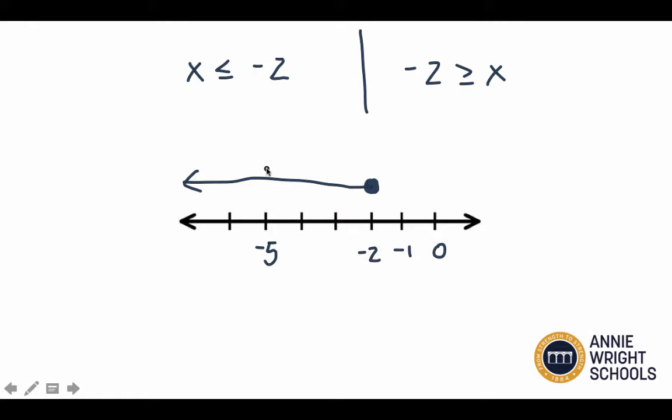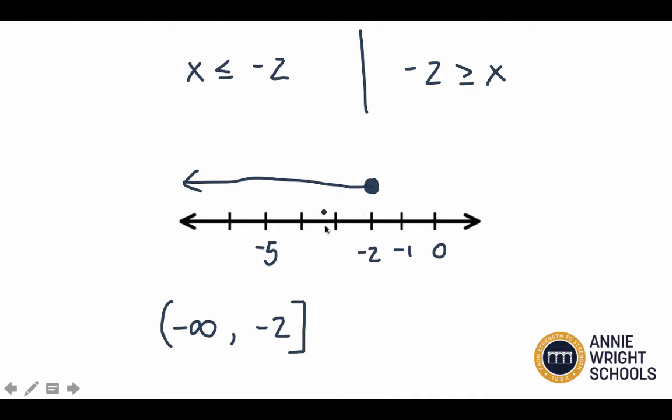Good? To practice with interval notation, start with the number that's all the way on the left. Well, it goes forever in that direction, so you would draw a negative infinity. And then it goes all the way up to negative 2. Now, it can never be negative infinity or positive infinity, so that will always be a parenthesis. But it can equal negative 2, so we show that with a bracket.